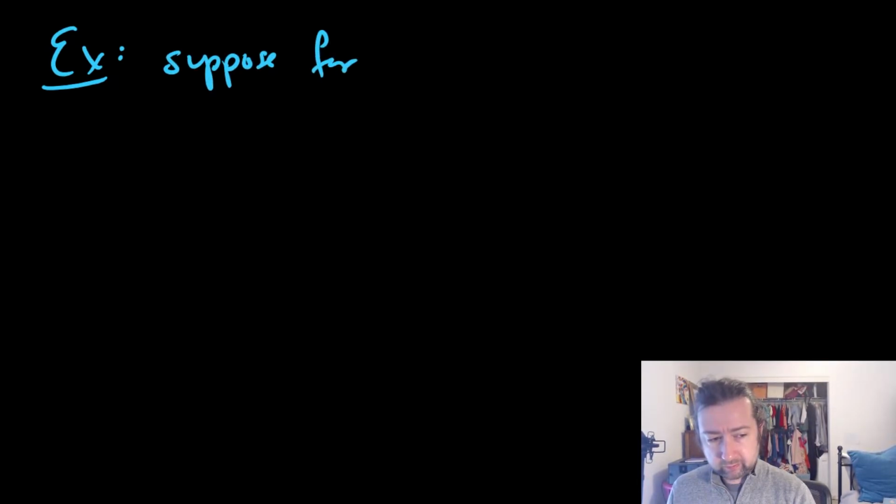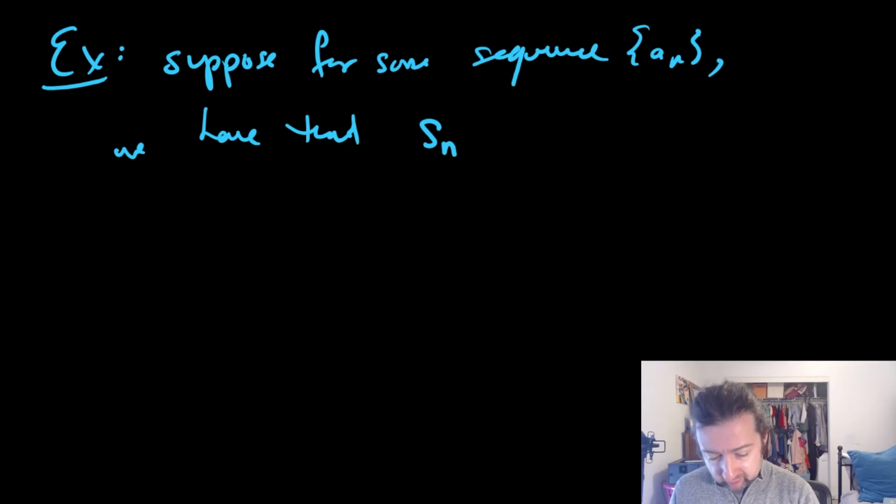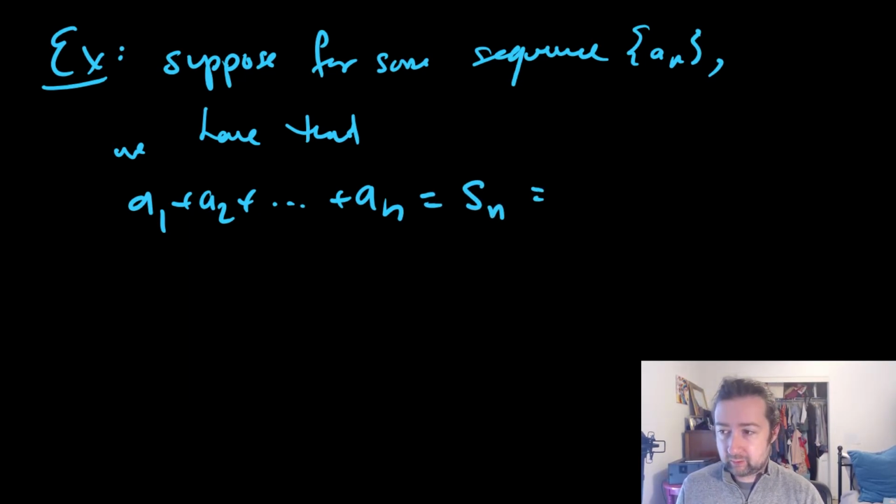Suppose for some sequence, an, we have that Sn, the nth partial sum, is equal to 2n. Let's be a little bit more careful about this. We have that a1 plus a2 plus up to an, that is the nth partial sum, is equal to Sn, and that turns out to be equal to, I don't know, 2n over 3n plus 5.